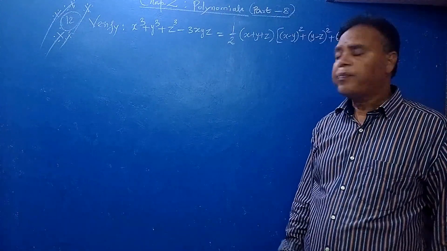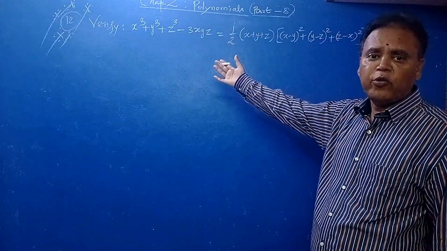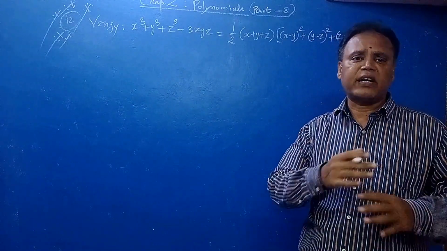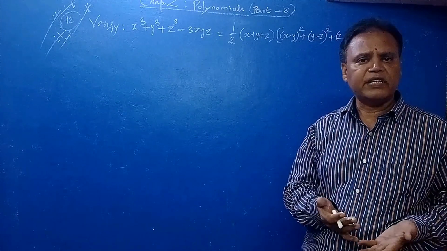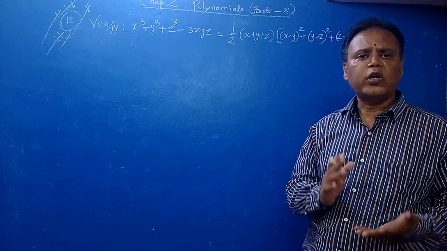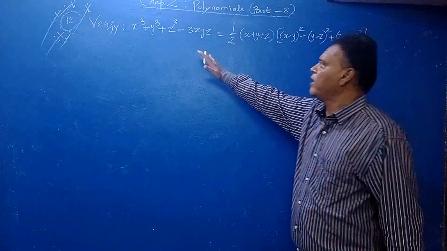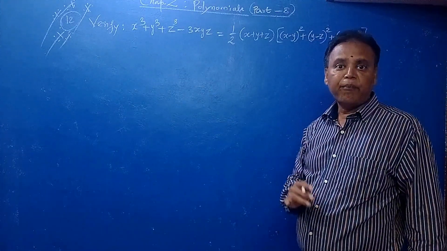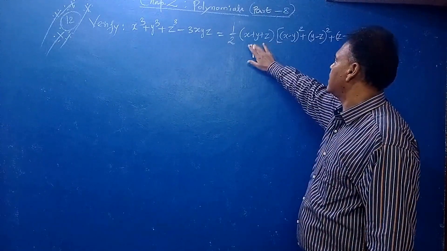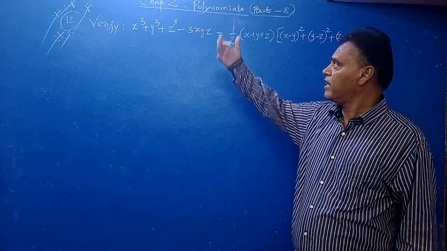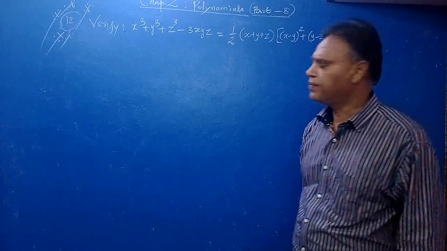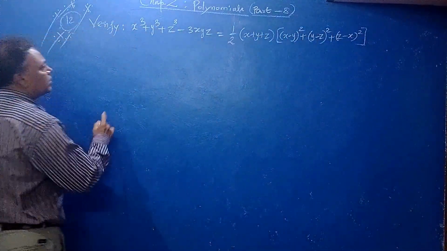How to verify? You have to take either the left hand side or the right hand side and get the other. Clear? If you take the left hand side, you cannot do anything. Better you take the right hand side, where you can multiply and do some simplification. Then you see whether you are getting the left hand side or not. Take the first one.